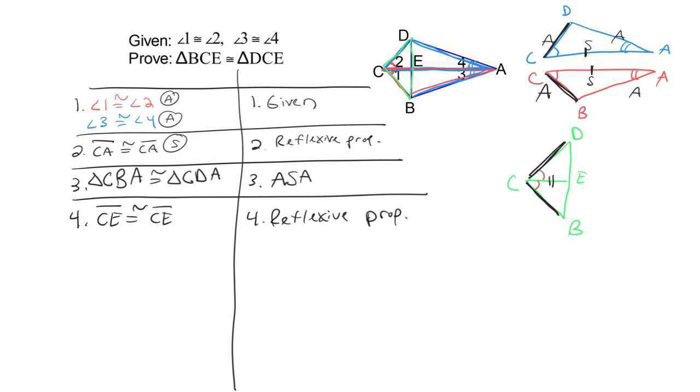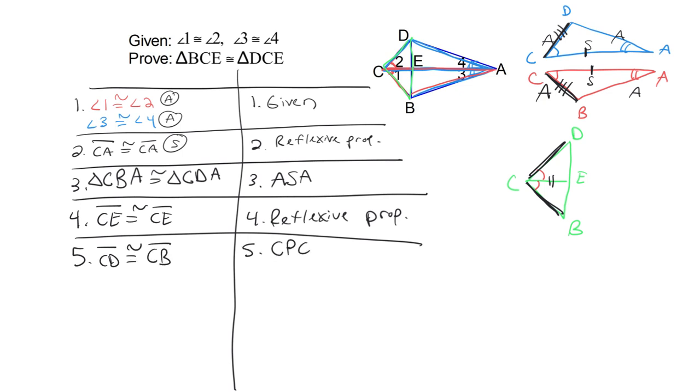Likewise, CB is the same in both of them. So since I know these 2 triangles are congruent, I can say these 2 parts are congruent using CPCTC. So I could say that side CD is congruent to side CB using CPCTC.